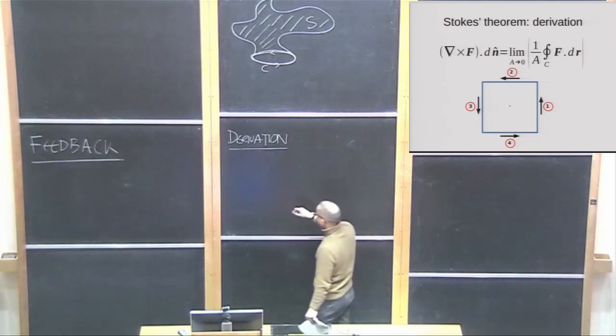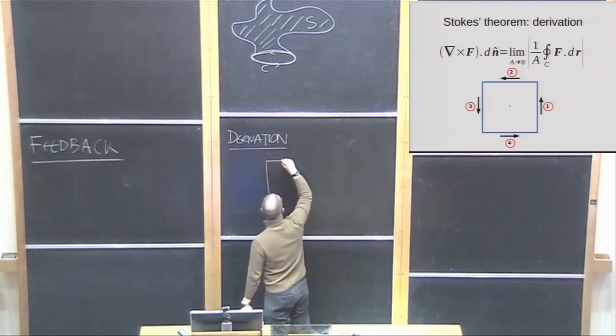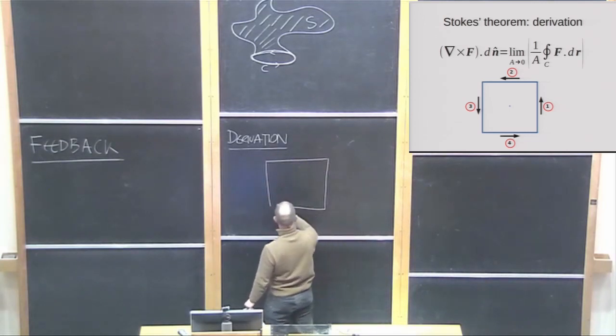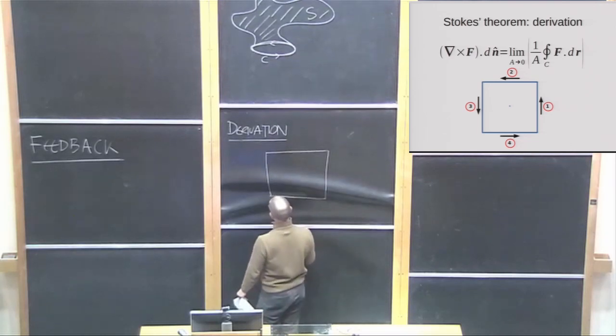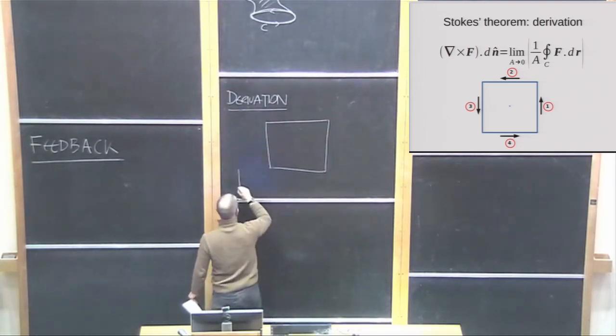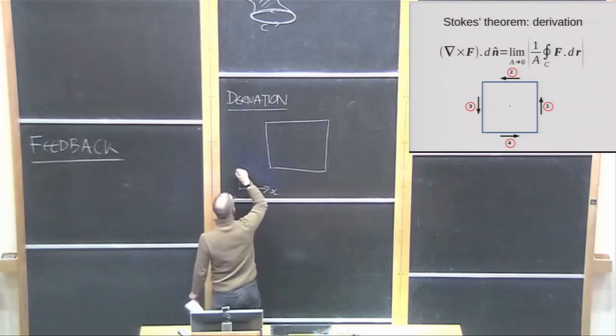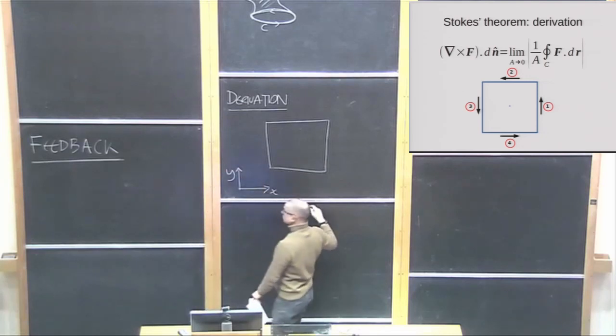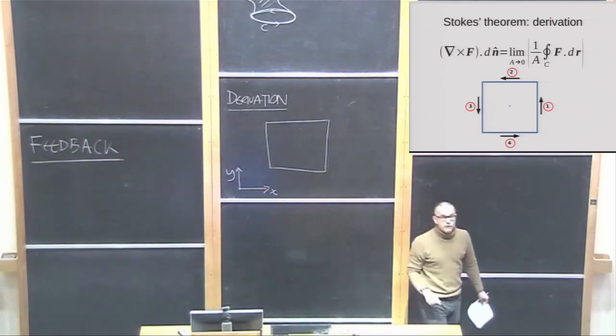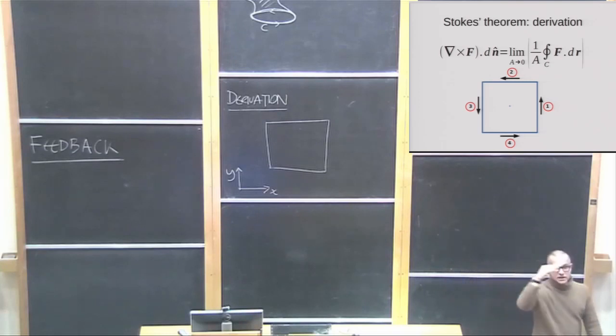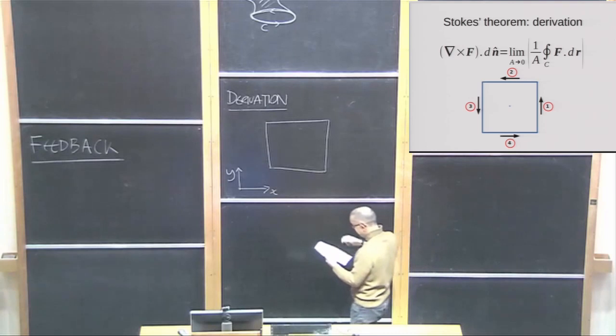So what we're going to look at here is the derivation of the curl in the case of a badly drawn square in the x and y plane. So this would be the k component of the curl, right? The k component of the curl measures the rotation of the field in the x and y plane.